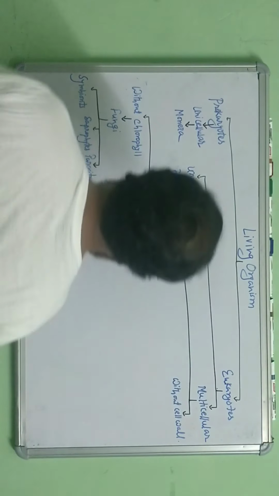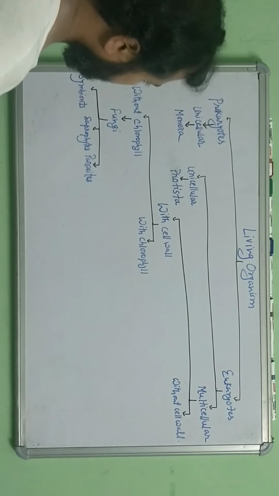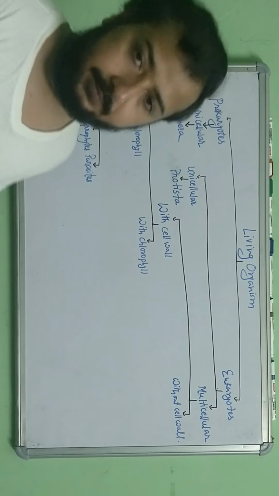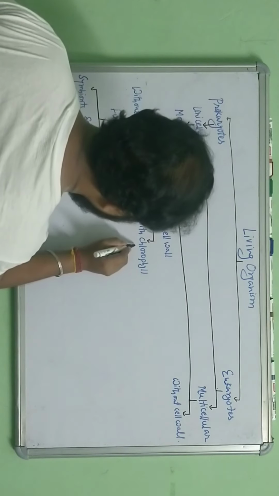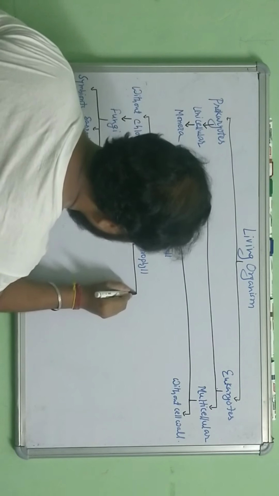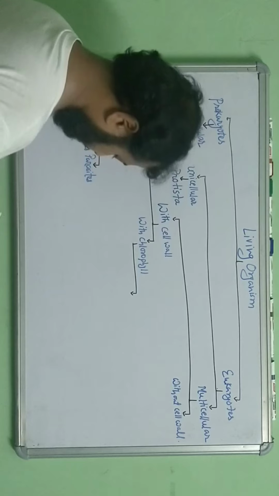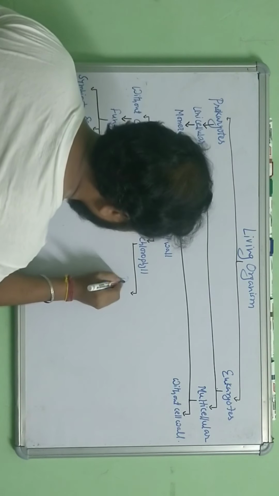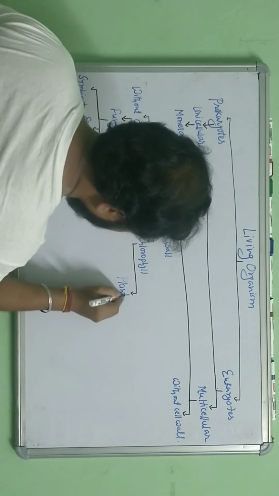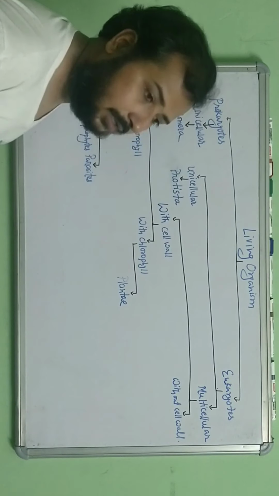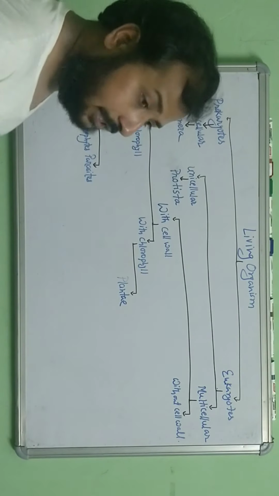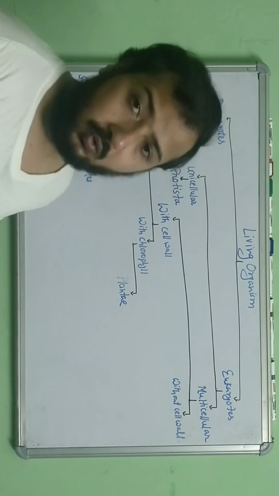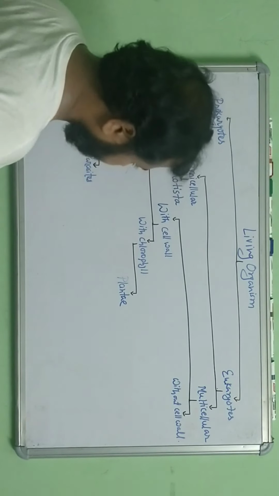Now if I look at the with chlorophyll, this is the plant kingdom. Now this plant kingdom, there are many, so let us again categorize them.